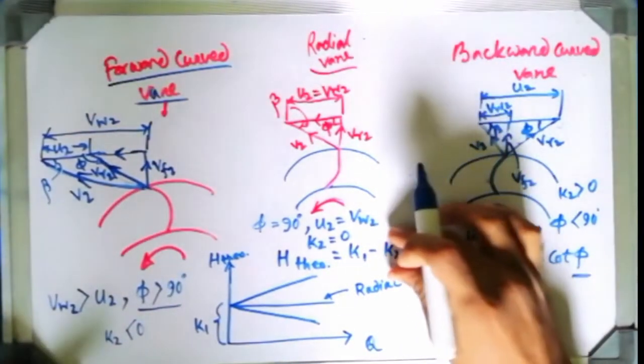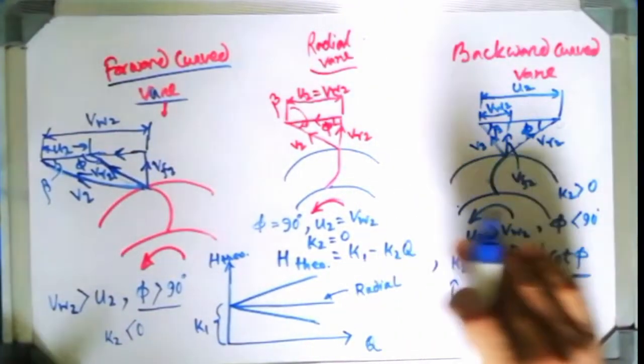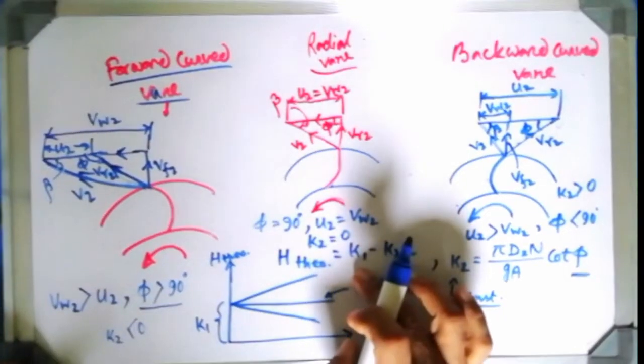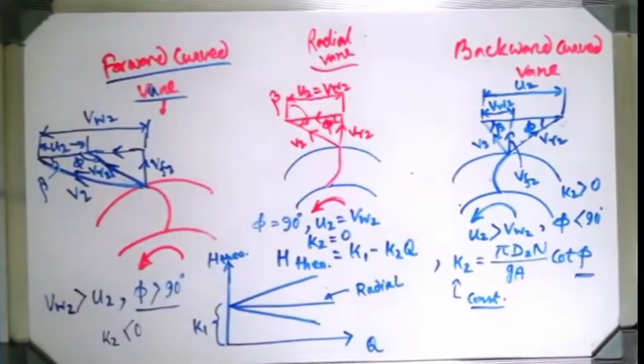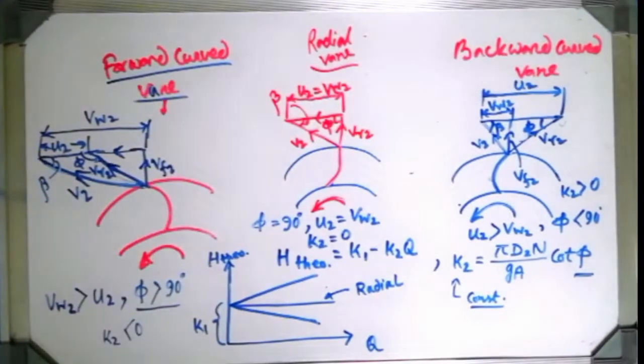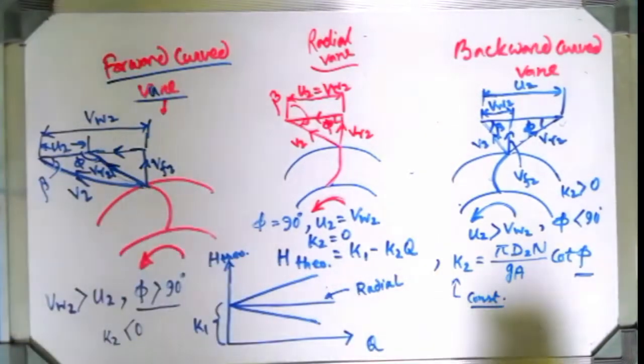Why? Because this K2 part is 0 there, it will be eliminated, so H theoretical equals K1, and for that K1 you can go a few minutes back. Already I have explained what K1 is.